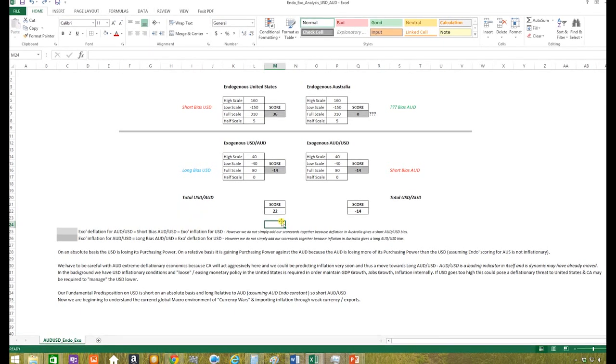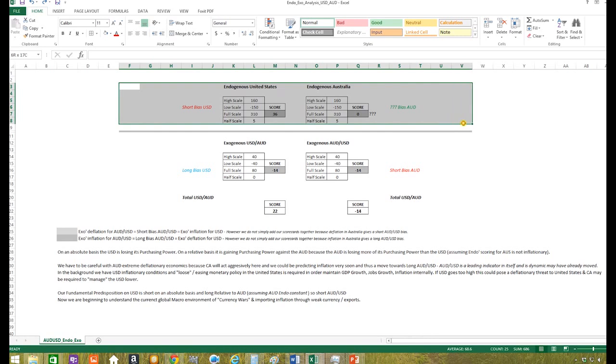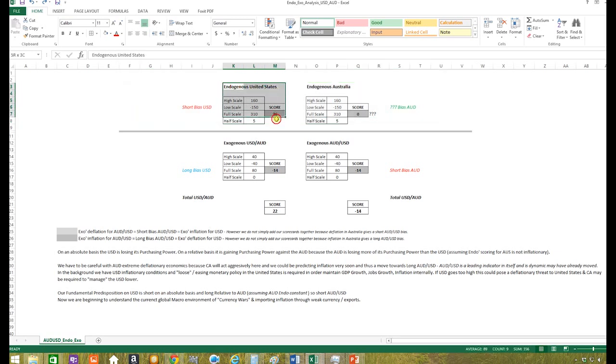So what we have here first on the top of the spreadsheet is our endogenous analysis from earlier. On the left-hand side, we have our familiar scale from the endogenous driver analysis spreadsheet, where we're looking endogenously at the United States with our total full scale of 310 points, of +160 to -150 with a half scale of 5.